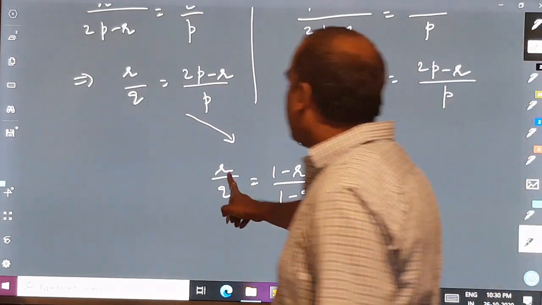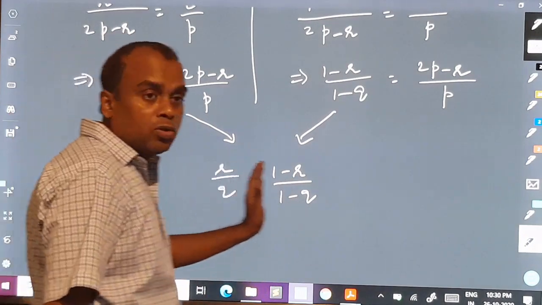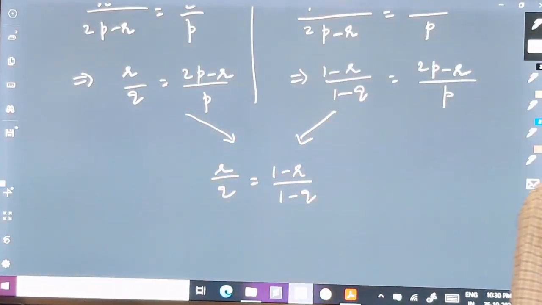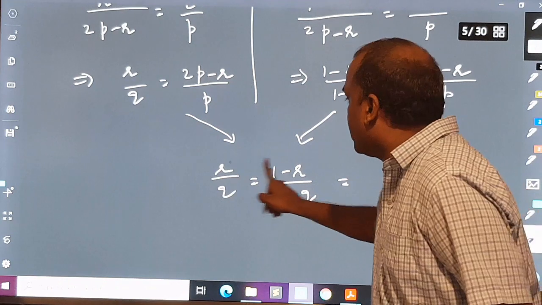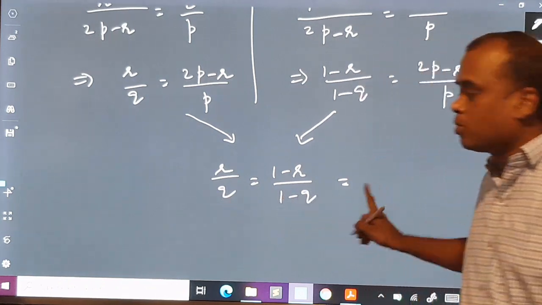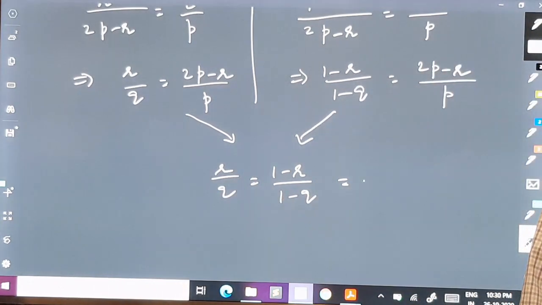Now I use ratio and proportion. You know that I can write one more ratio there: I add these two, so I will have it as 1.